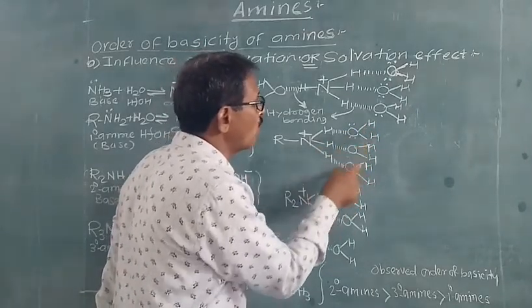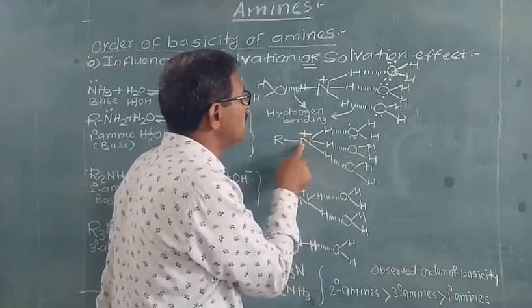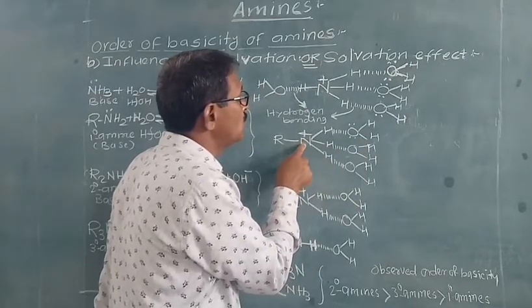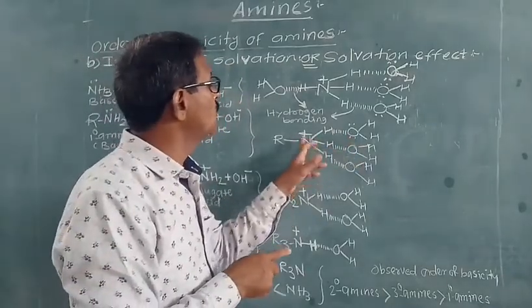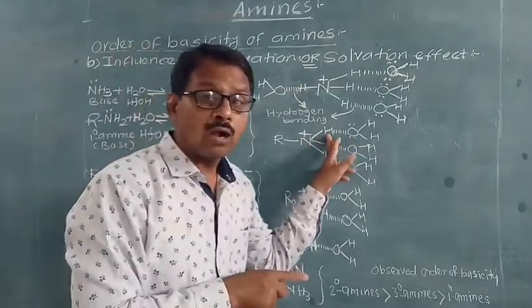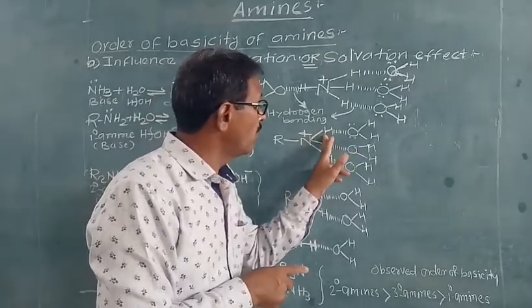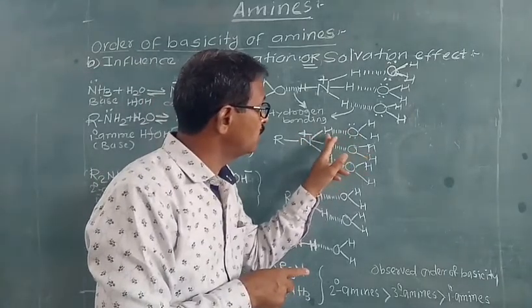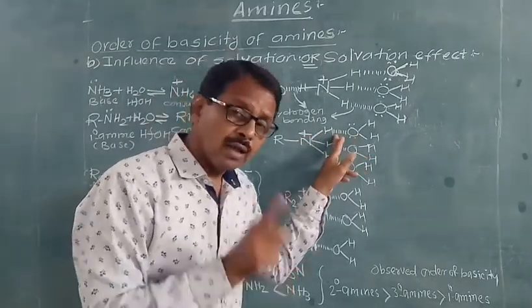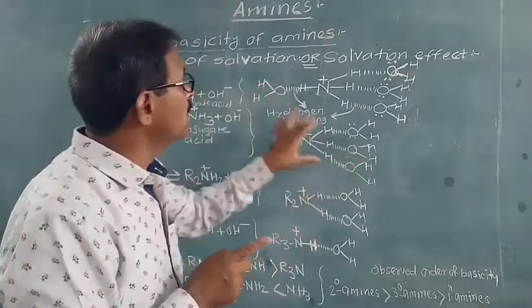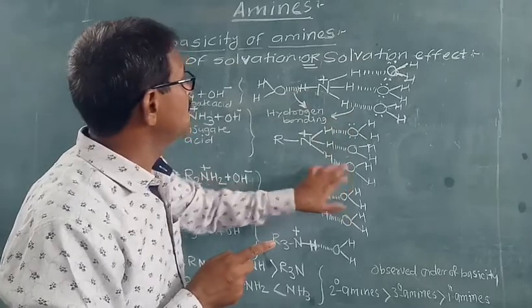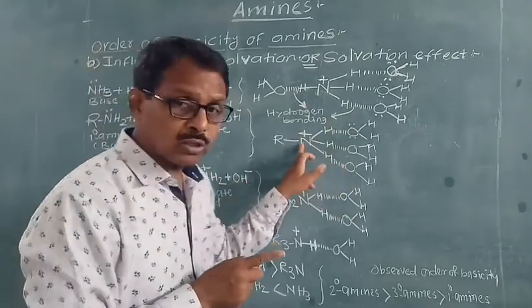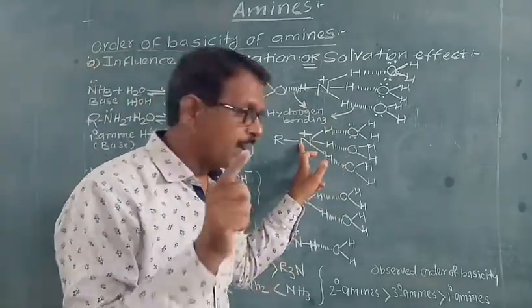These 3 water molecules stabilize this electron deficient nitrogen atom by donating the pair of electrons through this NH bond, and a weak bond formation takes place between this hydrogen and oxygen, again known as hydrogen bonding. So these 3 water molecules stabilize this nitrogen atom of the primary amine.